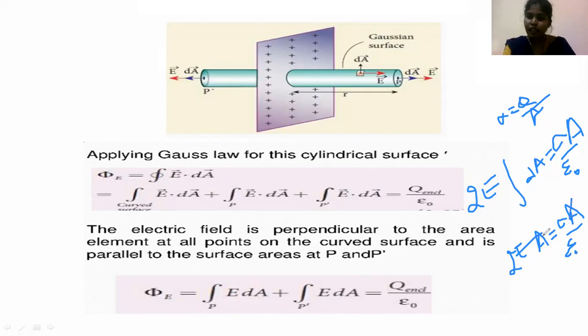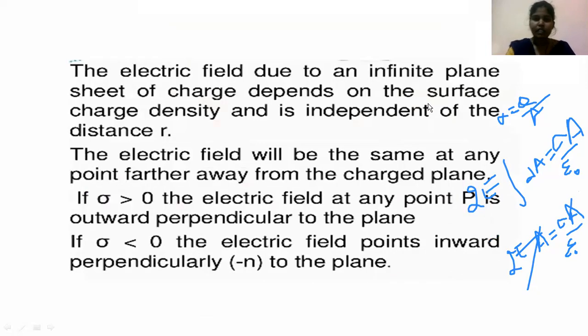The A and the other A cancel. So finally E is equal to sigma by 2 epsilon naught. That's the electric field due to the plane sheet of charge.